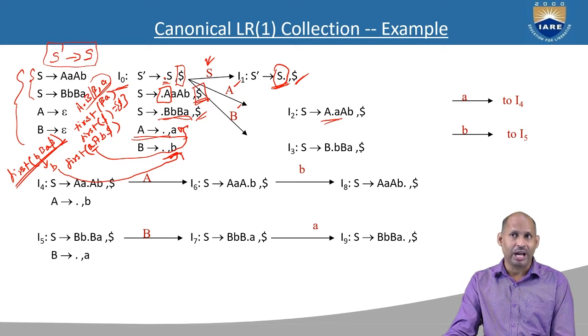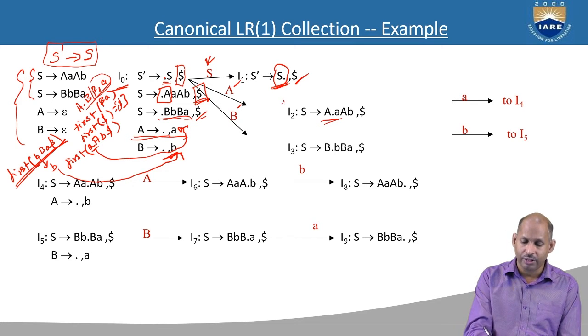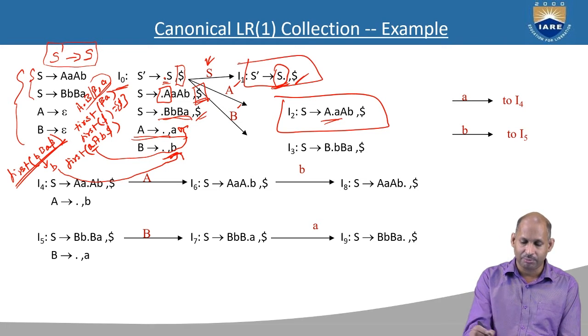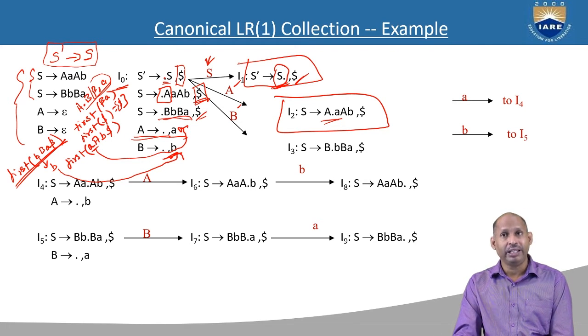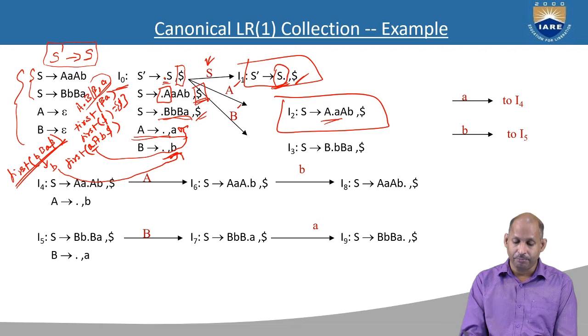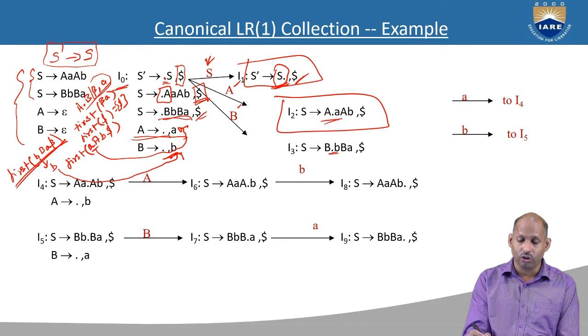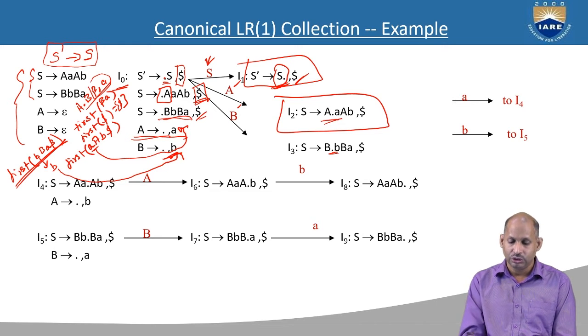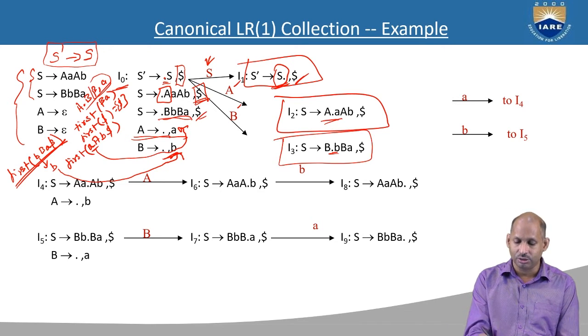So we need not add any other productions. So the closure of I2 is completed. This is I1 completed. Then B is a non-terminal on goto operation: dot B will become B dot. The dot is followed by a terminal symbol, so no need to add any other productions. So this I3 is also completed.